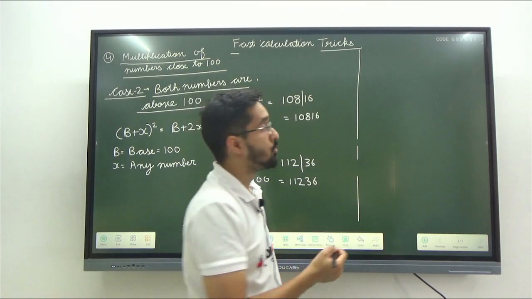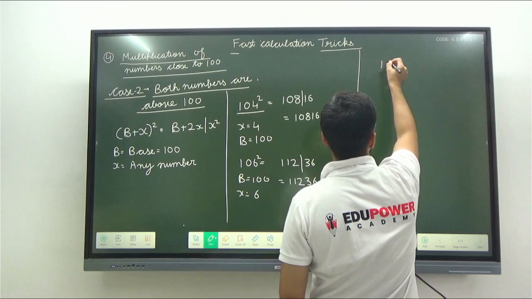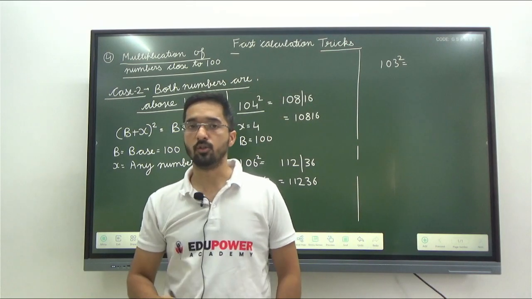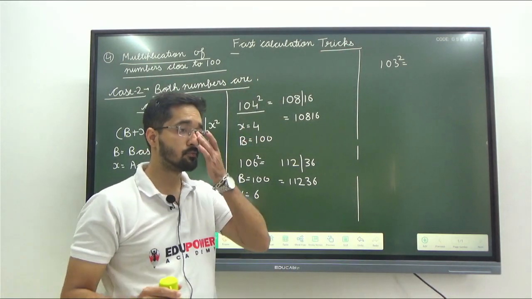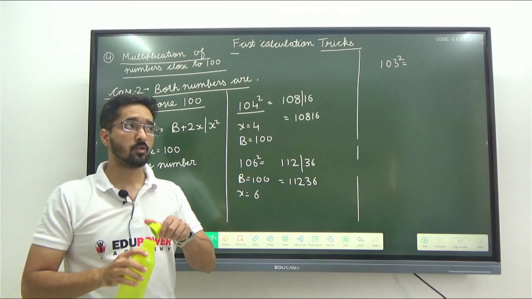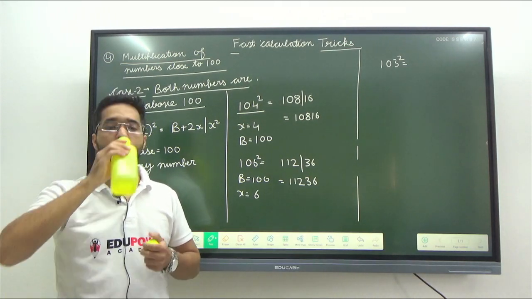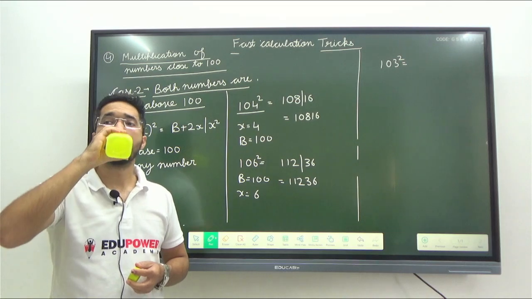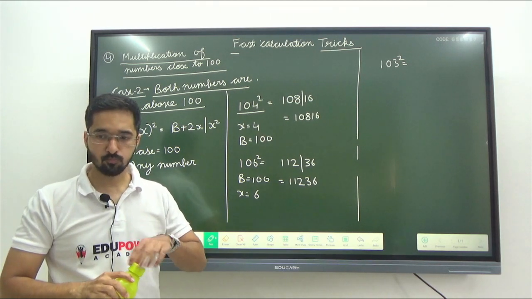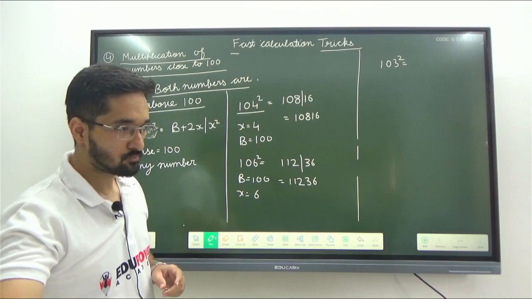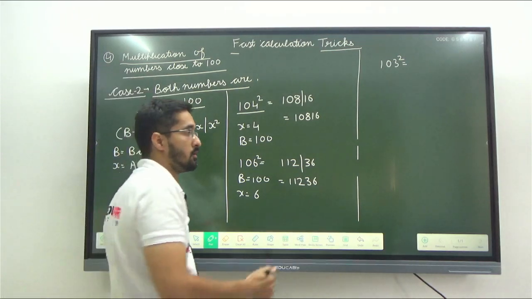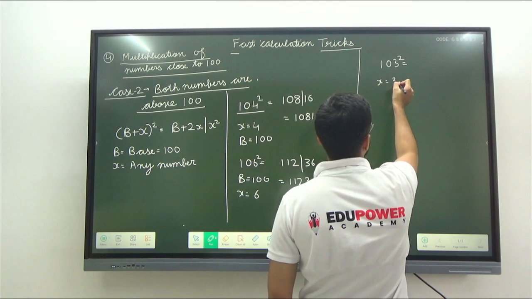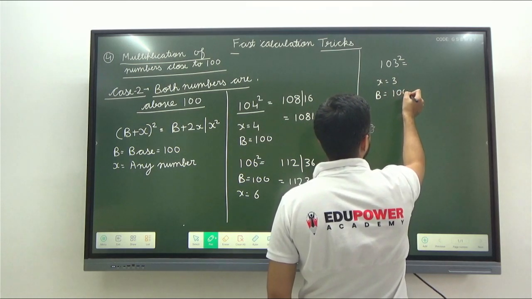Find 103 square. So, we know that using this trick, x is equal to 3, b is equal to 100, right.